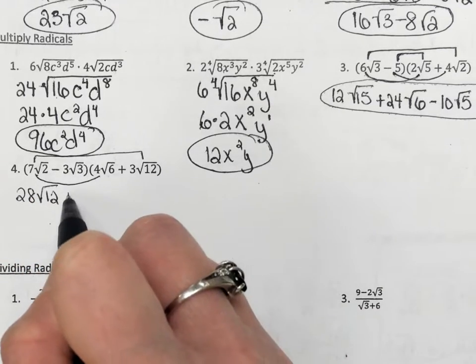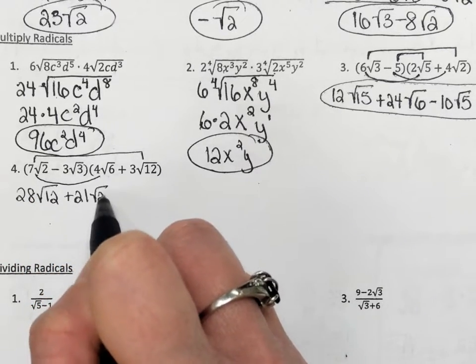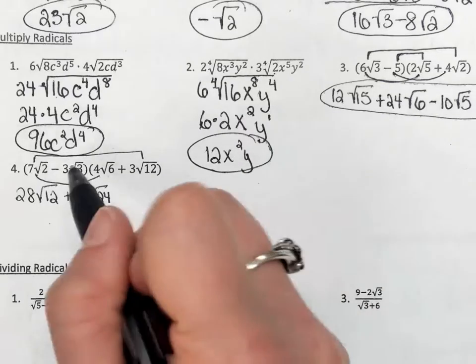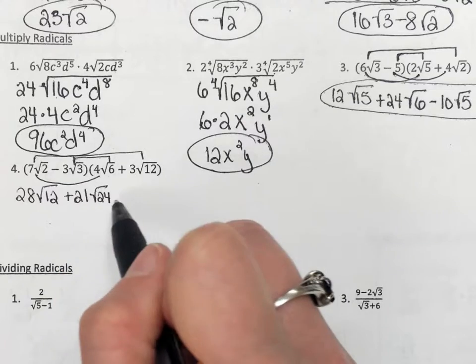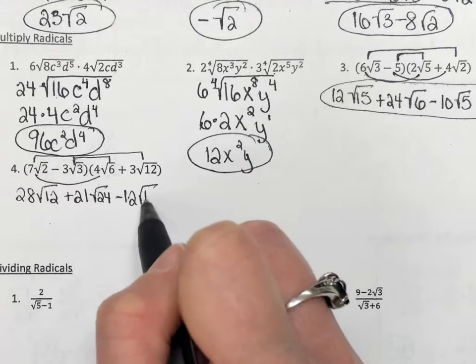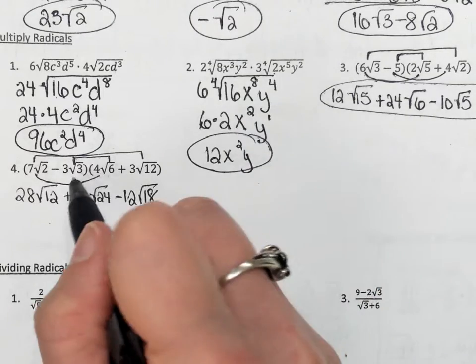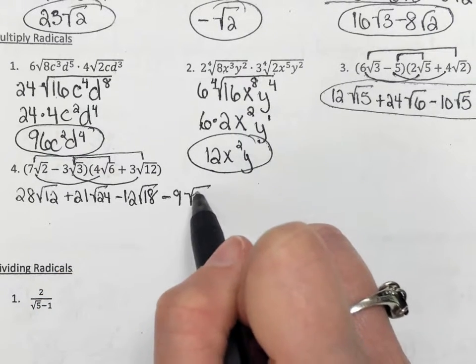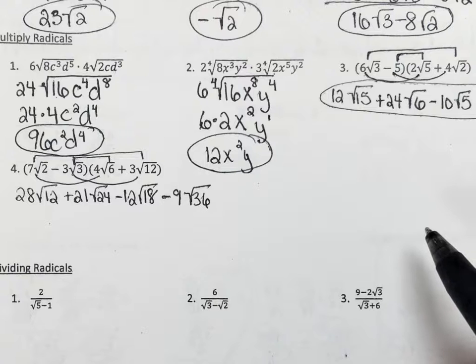Outer is 21 square root of 24. Y'all okay so far? Okay. Inner is negative 12 square root of 18. Last, negative 9 square root of 36. Very good. Now you can finally say 36, Scotty.